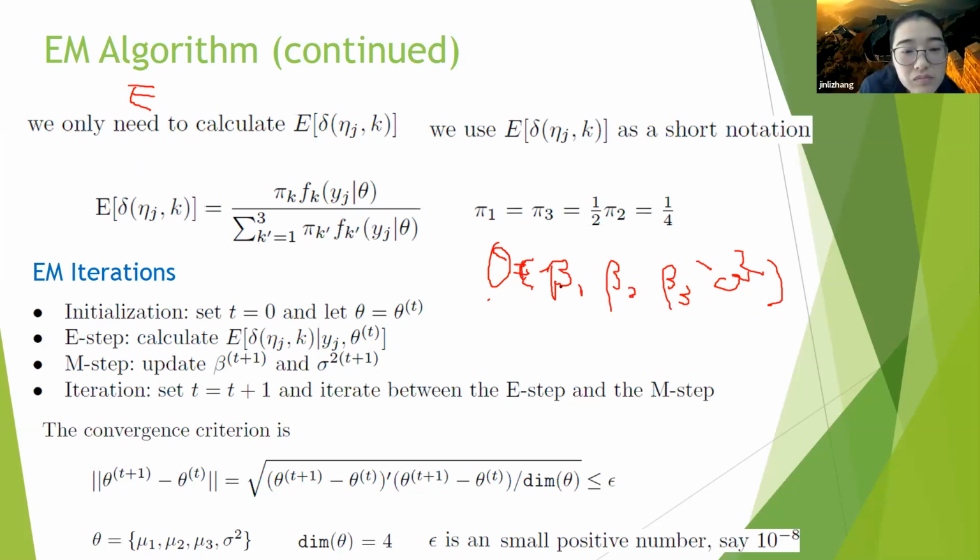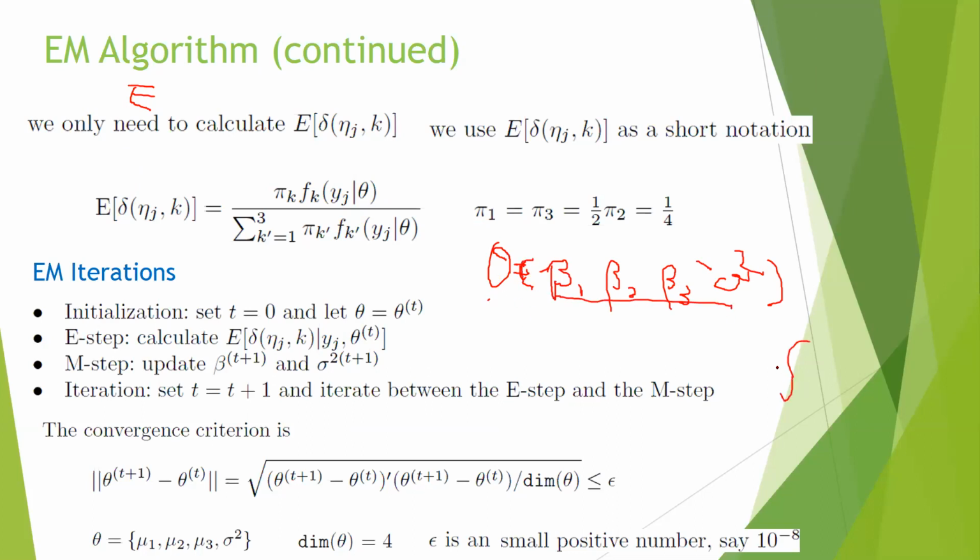Now, based on this, can we know the density function for 1, 2, and 3 for any value? Yes, of course, because the parameters are already known, so we know exactly the density function for the three populations, right? That's here.